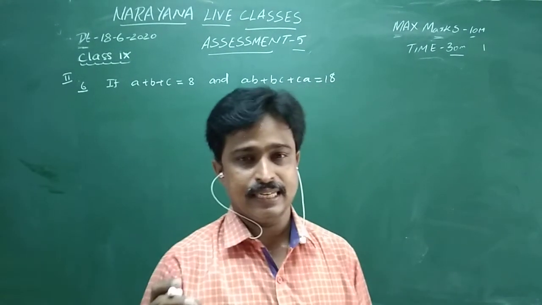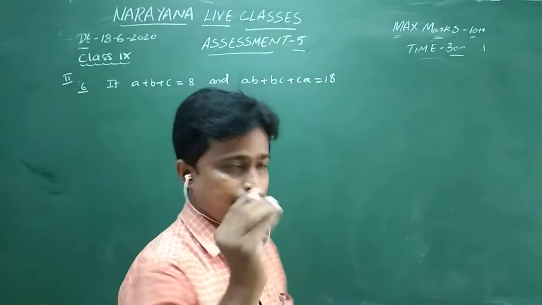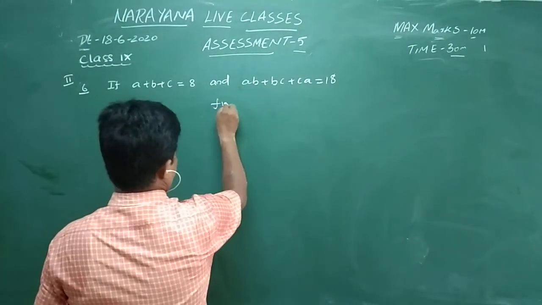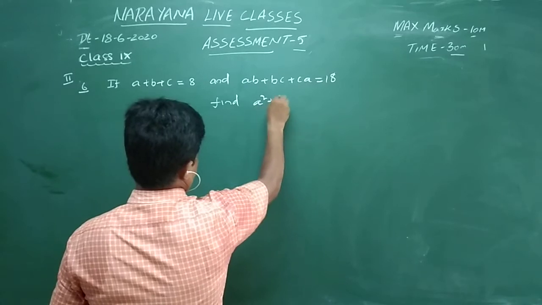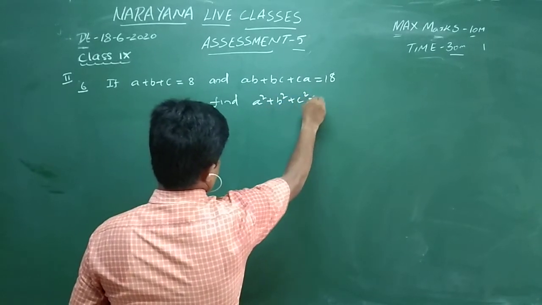He is asking the value of a square plus b square plus c square. Find a square plus b square plus c square is equal to how much?